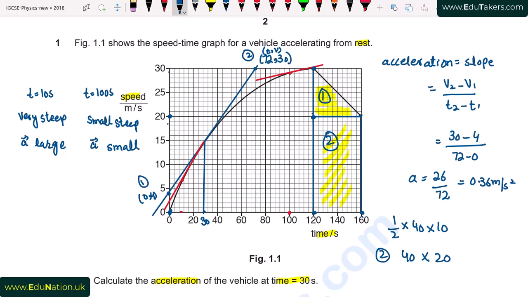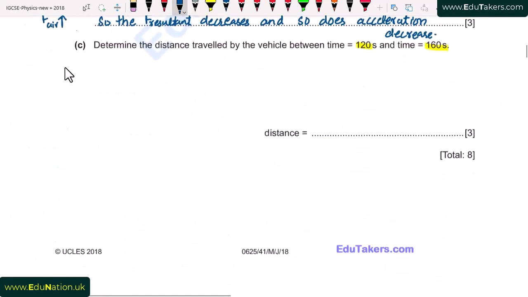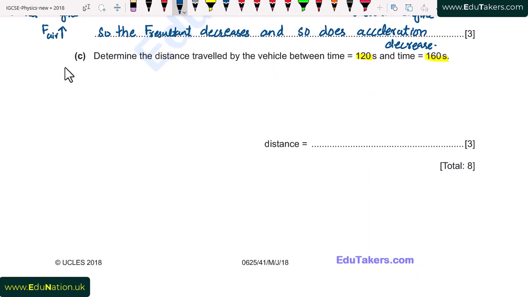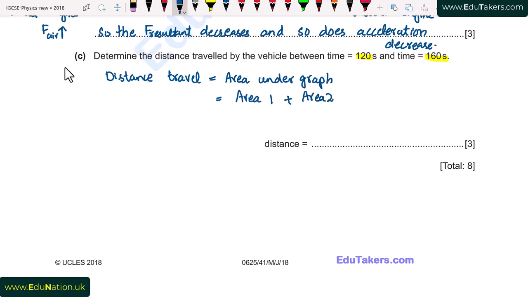So I write here distance travelled is equal to area under graph, and it is equal to area 1 plus area 2.